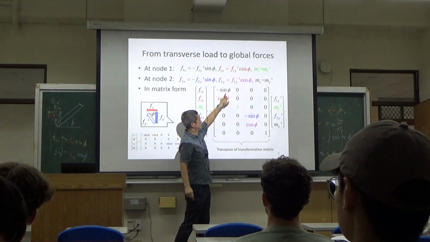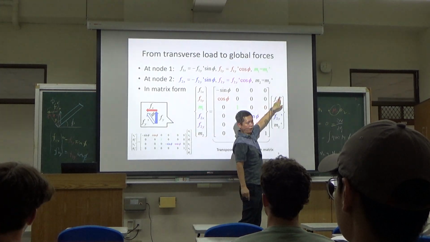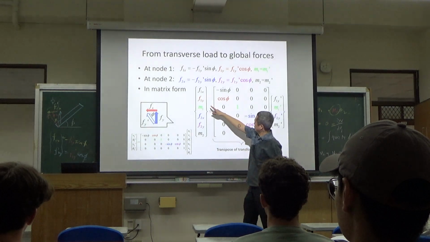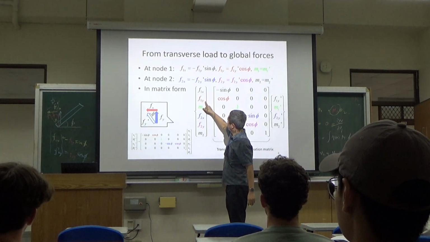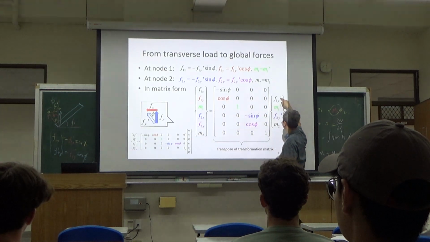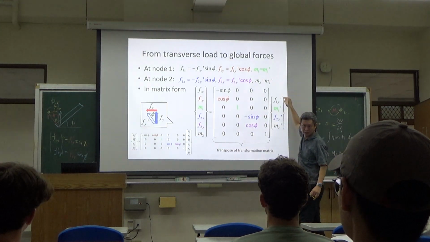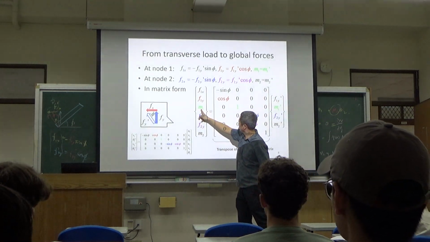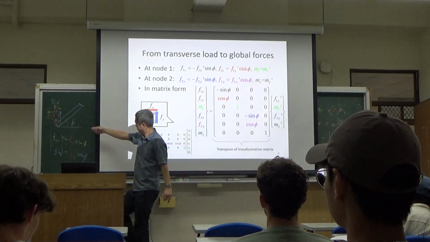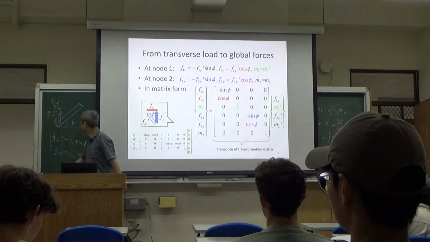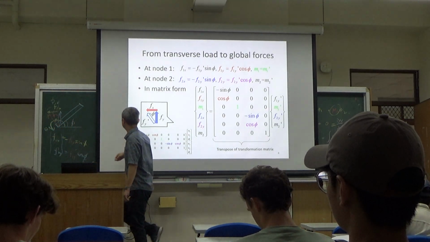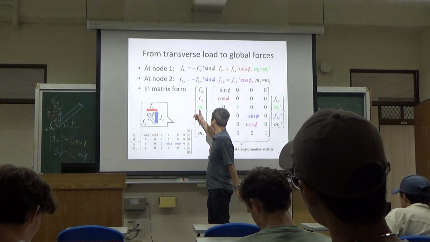Okay. F1x is minus sine phi F1y prime. Second, F1y, okay, it is still upward, cosine phi F1y prime. Okay? Does the moment change? No, moment doesn't change. So moment on the left node, angle don't change.